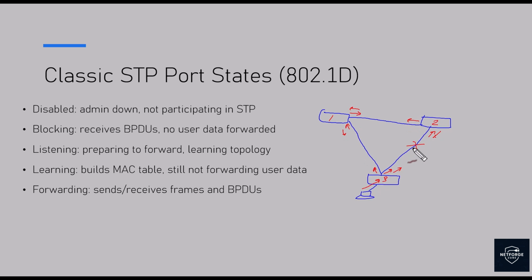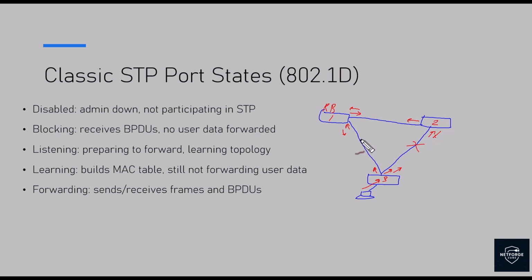We know which port is blocked based on the election. Let's say we made sure, using the priority value, that switch 1 is going to be the root bridge. Bridge and switch are essentially the same thing. In the past, bridges were software-based switches, but switches are hardware-based.